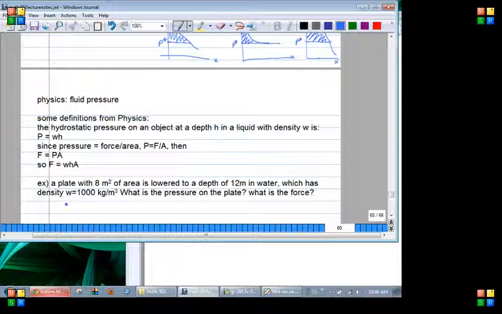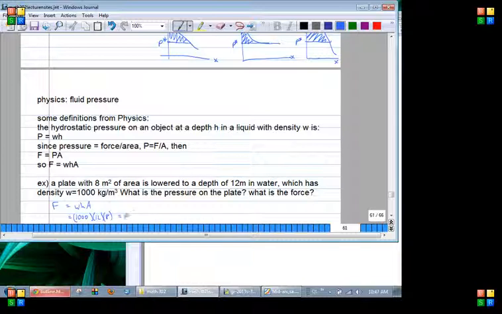Okay. So I'm going to calculate the force first because it's the easy, straightforward thing. So force is just WHA. The density is 1,000, H is the depth, which is 12, and A is the area, which is 8.